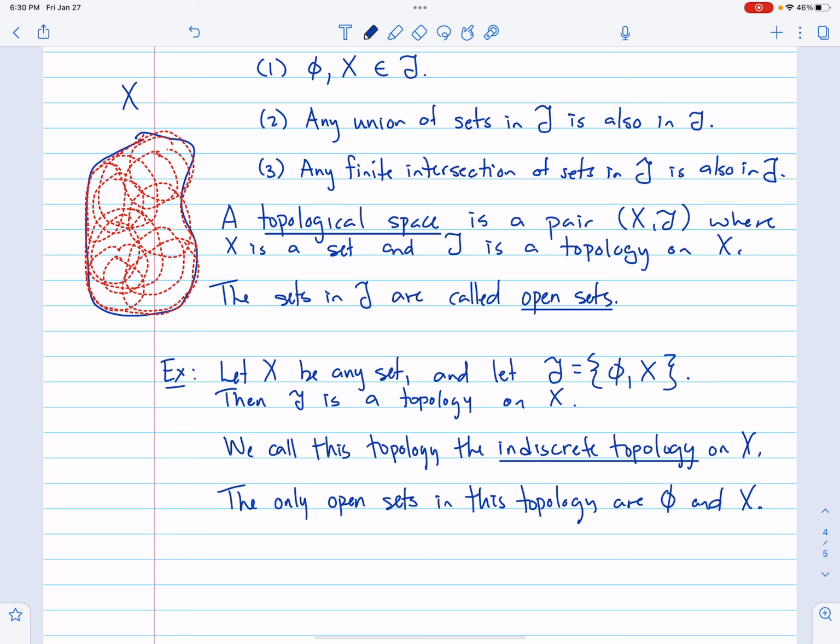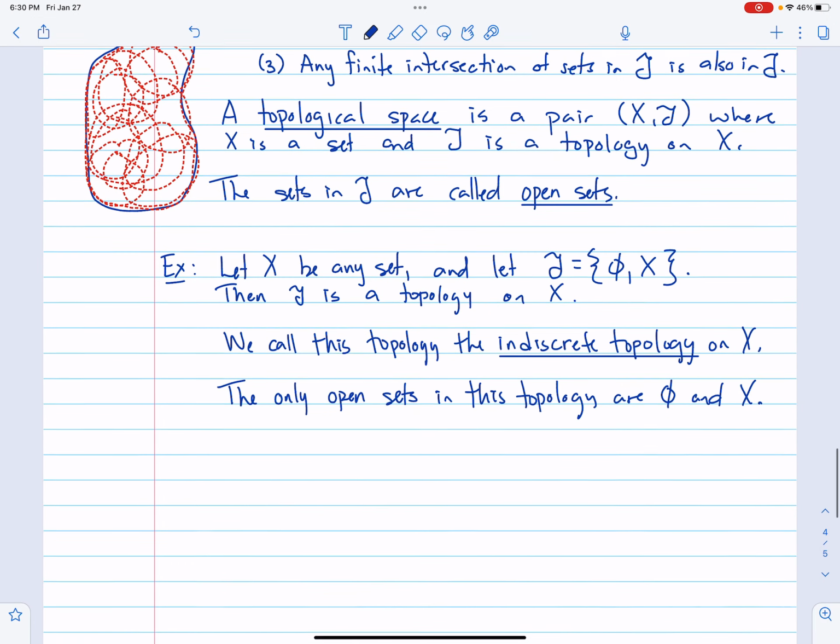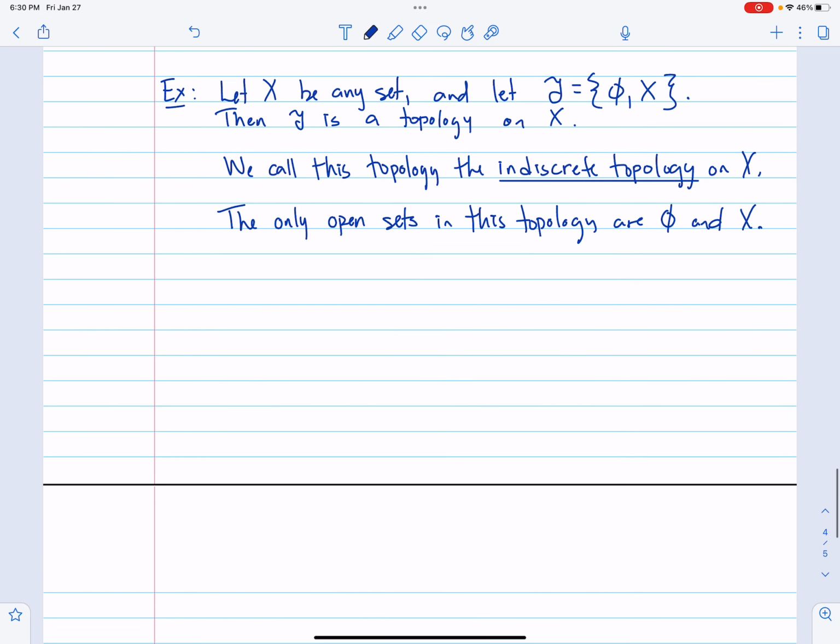So not a super interesting topological space, but it is a topological space in and of itself. It satisfies those properties, so it's a topological space.